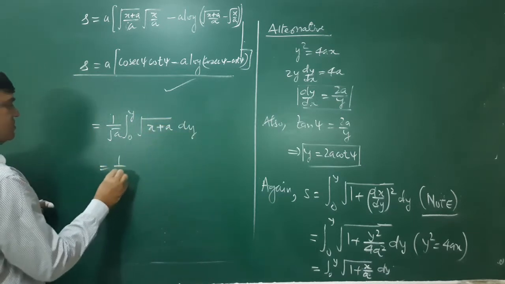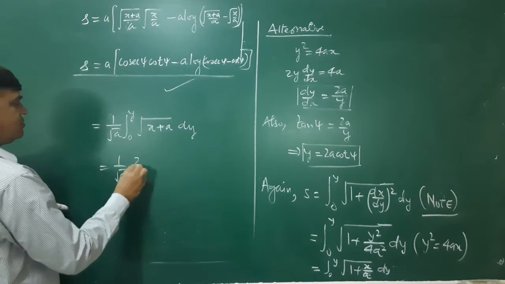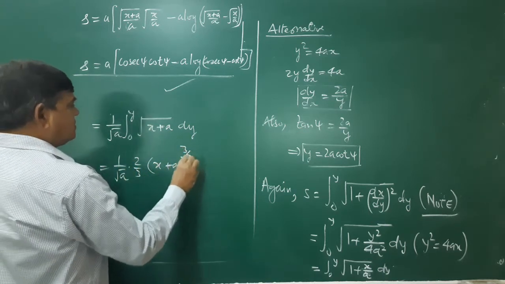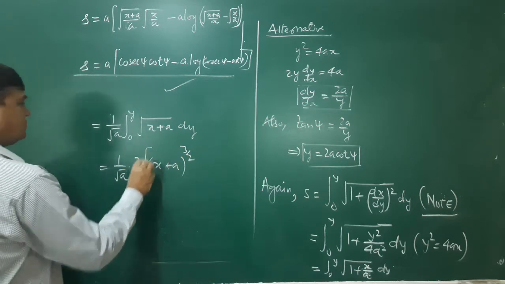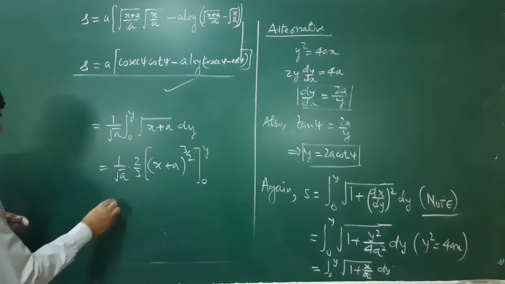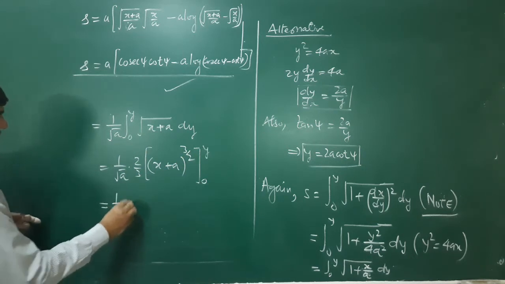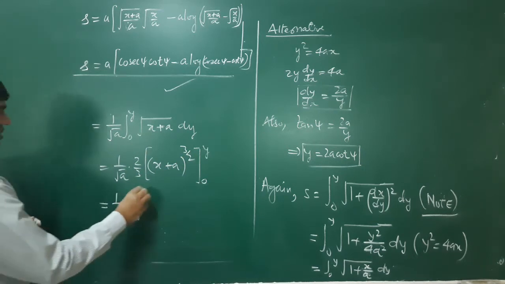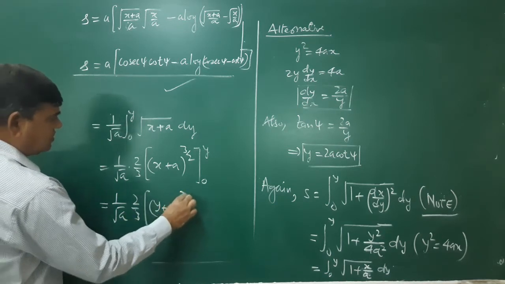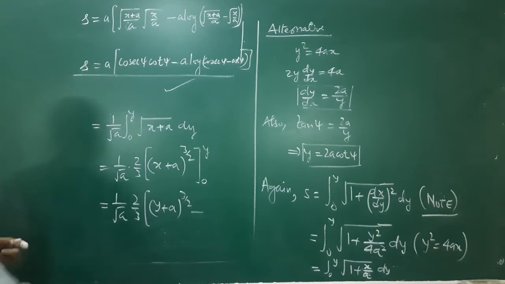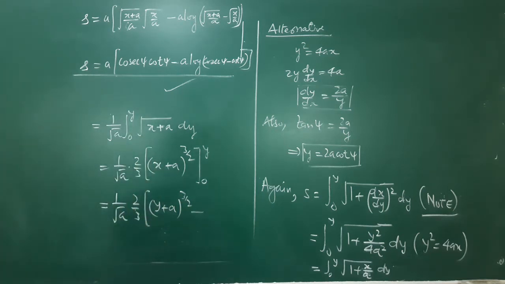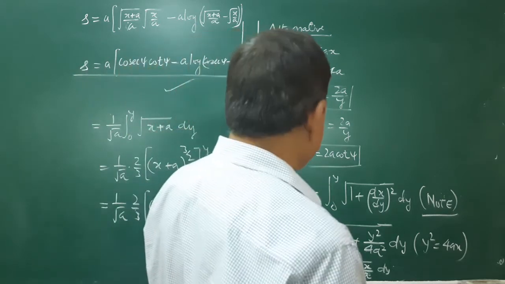It is 1 upon root a, it is 2 by 3 (x plus a) to the power 3 by 2, limit 0 to y. It is 1 by root a, 2 by 3, (y plus a) to the power 3 by 2 minus, wait. It is in terms of y.